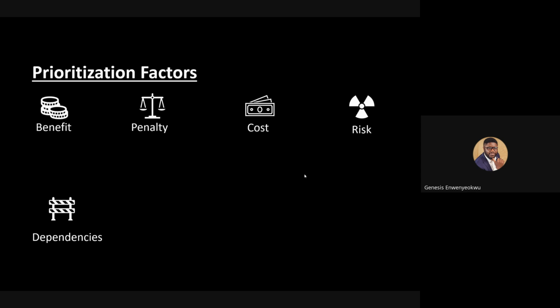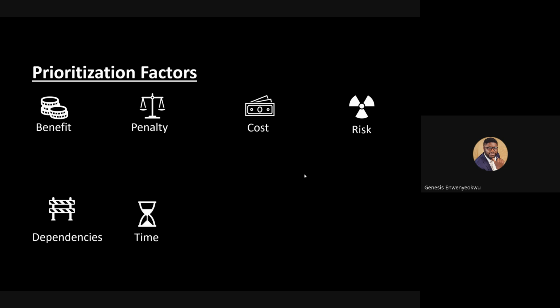If you don't have a visa, then prioritizing traveling out or buying air tickets is like you acting in foolishness. So you need to prioritize that dependency of getting a visa. So dependencies oftentimes affect the priority we assign to certain requirements.